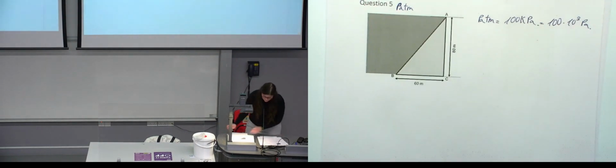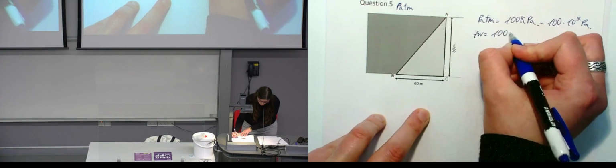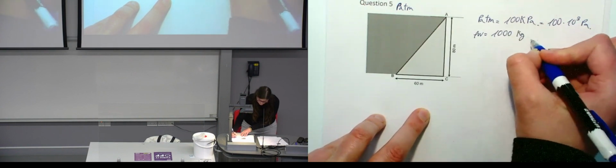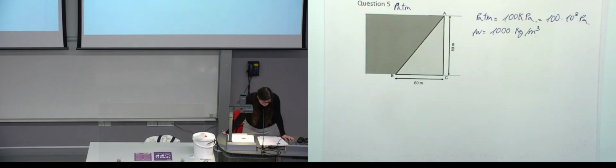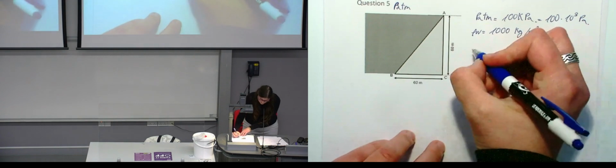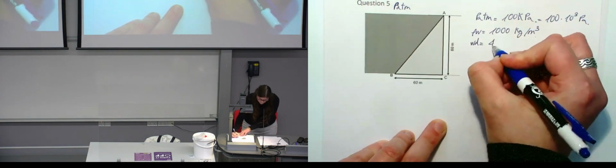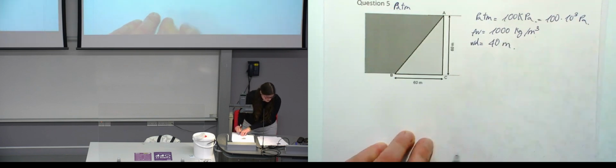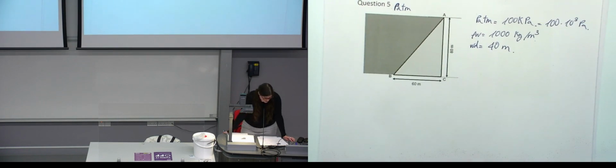The density of water is 1,000 kilograms per meter cubed. And that's it. Oh, and the width is 40 meters. And then we have the height, which is 80, and the length, which is 60.